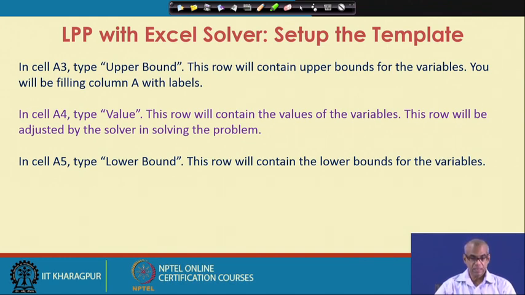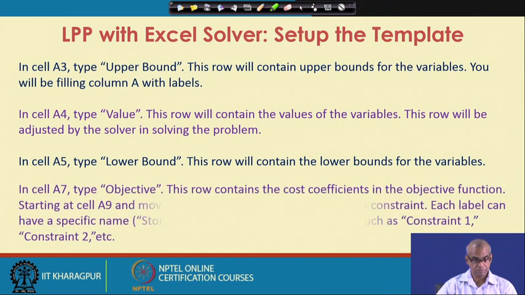Similarly, in cell A5, you have typed lower bound. That means this is row 5. So, in the cells B5, C5 and D5, you will have values for the lower bound of the variables. This will be more clear when I show you the picture or the snapshot of the Excel sheet.